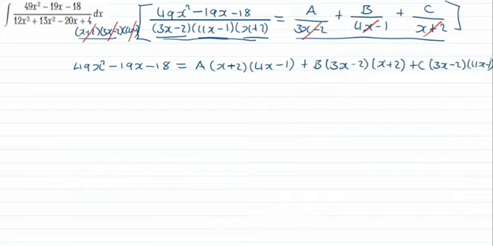We can easily make the whole function cancel out. So for instance, you notice that at B and C we have 3x minus 2 and 3x minus 2. We can take advantage of that because we don't have 3x minus 2 here.